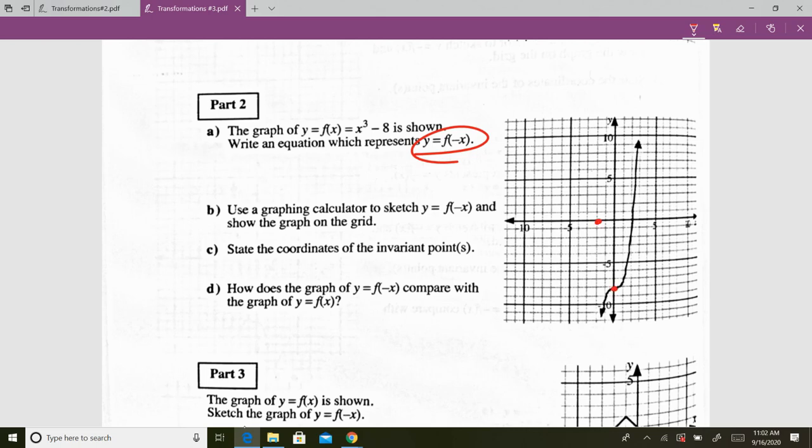What about this point right here? What's the x value at this point, the y-intercept? 0. Is it going to change? Because what's negative 0? Still 0, right? So the graph just flips over the y-axis. That is a really bad sketch. Okay.